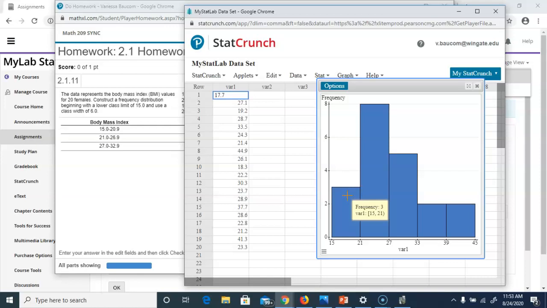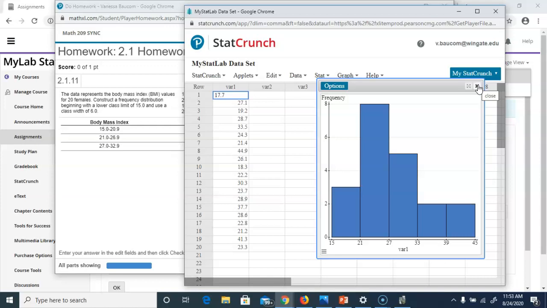That's a quick way for you to come up with your frequencies as well when you're doing some of the homework. Obviously, you could put it in your calculator and go through the process that we've done as well. Just because you have a frequency table doesn't mean you're going to have to do all the parts. One problem might ask for class boundaries, another might ask for frequencies, and so forth.